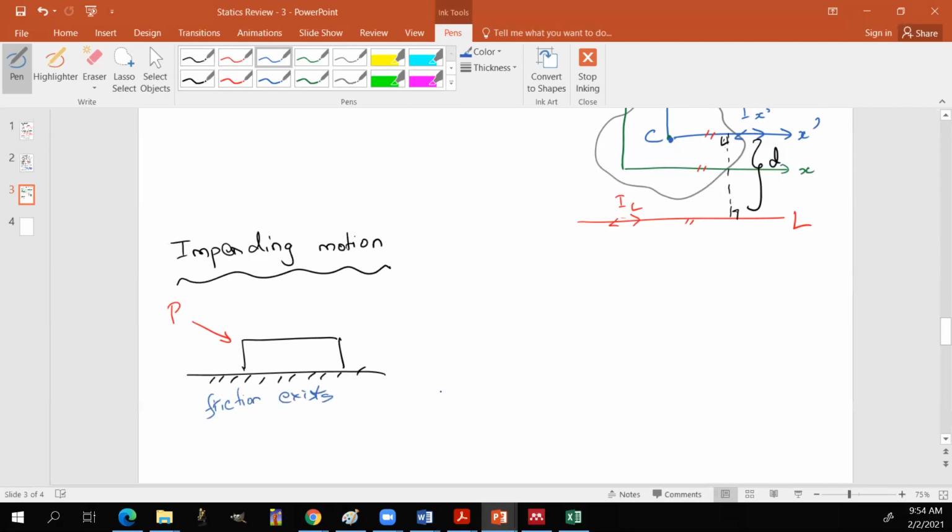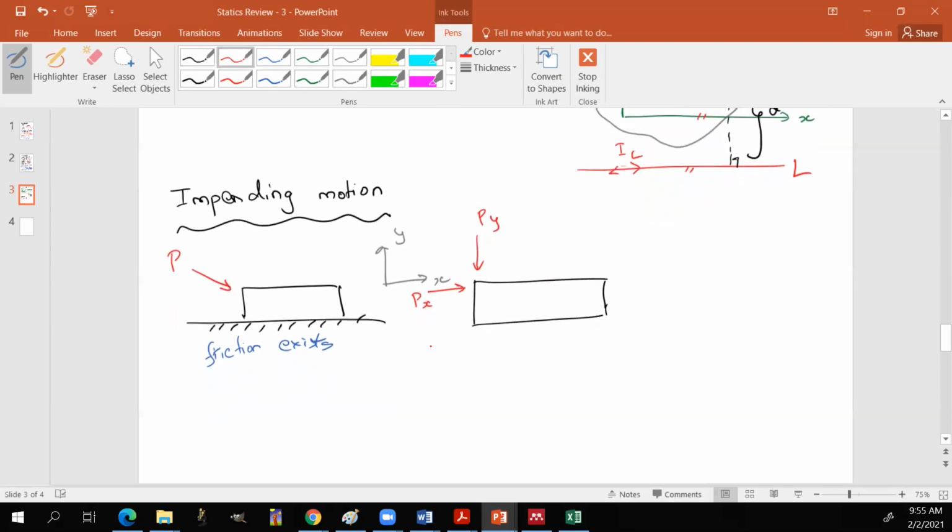Right, so what does the behavior of this friction look like, right? So if we draw the free body diagram out, let's say that we have our frame of reference, x, y, then we resolve our P, right? So you'll have a Py and you'll have a Px, right? What other forces will we have? Again, we're on Earth, right?